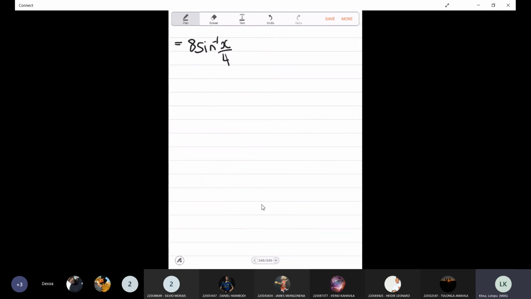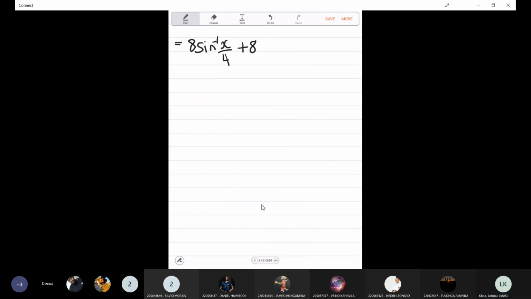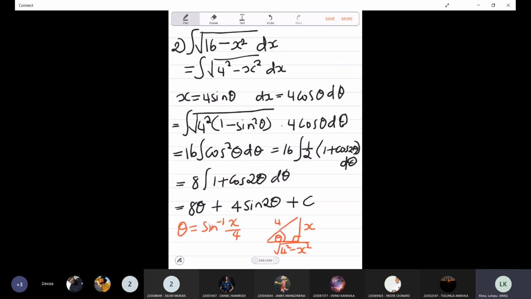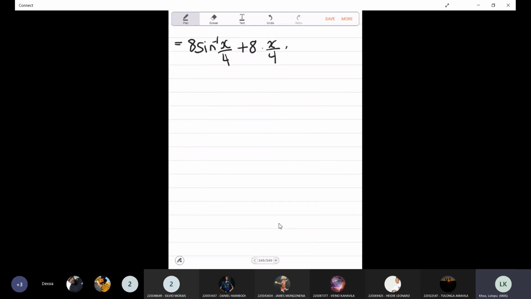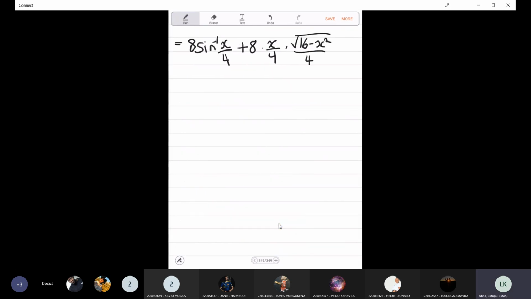So we have 8 sine theta is x over 4. And then cos theta from our triangle is the adjacent divided by the hypotenuse. So we have the square root of 16 minus x squared over the hypotenuse, which is 4. And then our constant of integration.